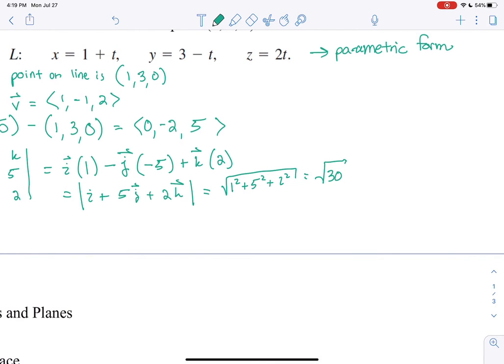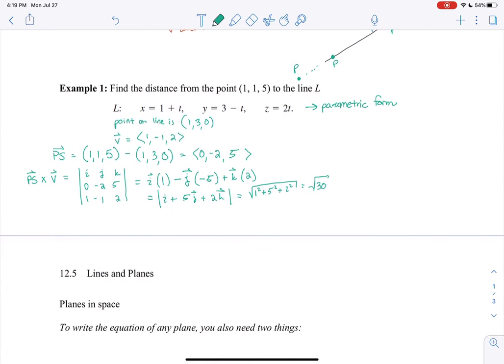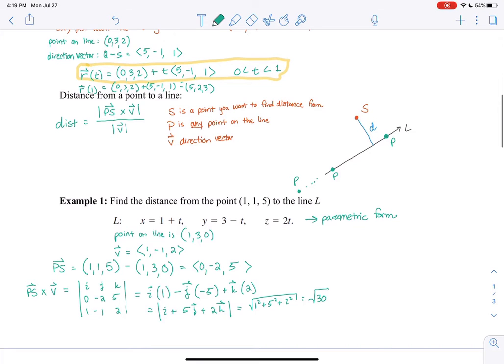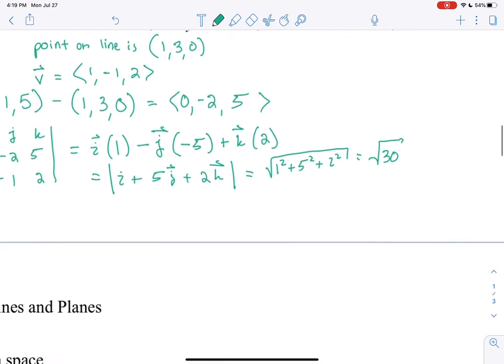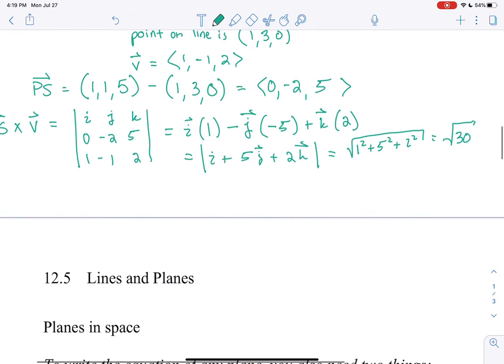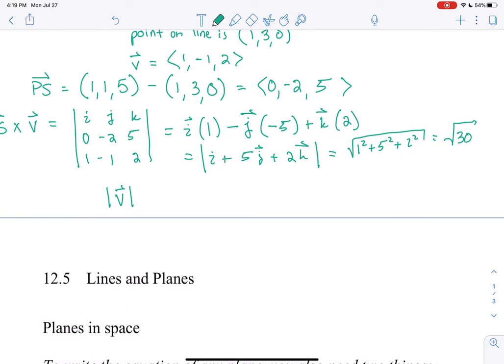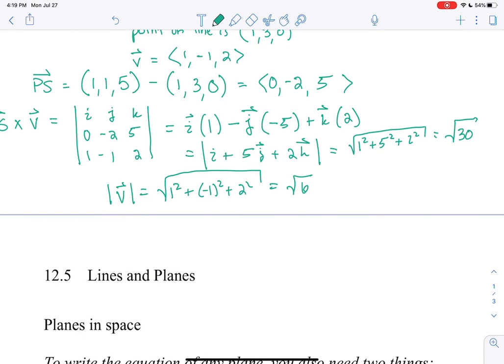And then the last thing we need for the denominator is the magnitude of the direction vector V, which is the square root of 1 squared plus negative 1 squared plus 2 squared, which is 6, square root of 6.